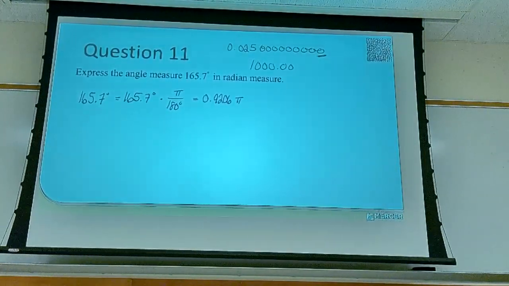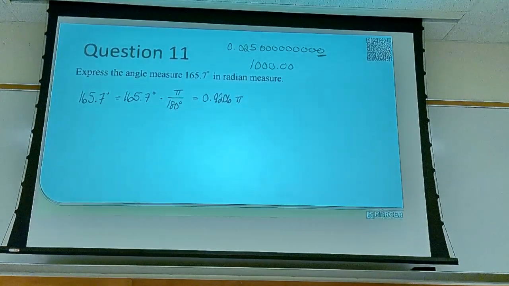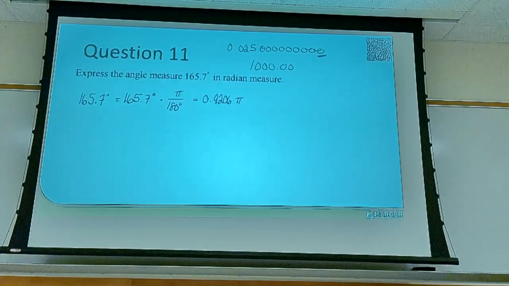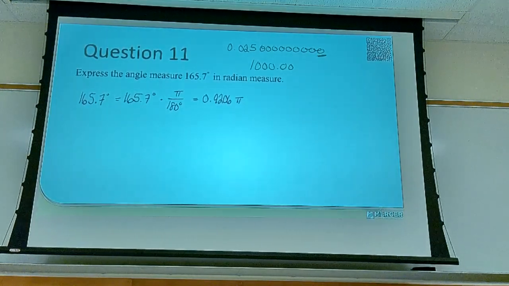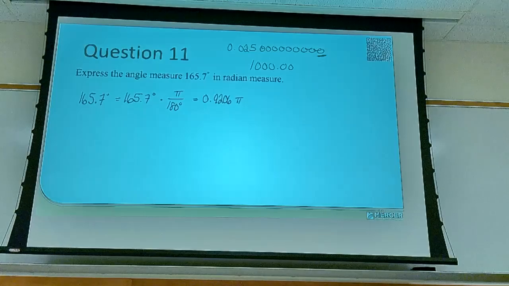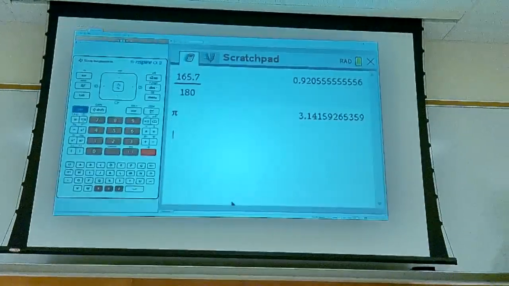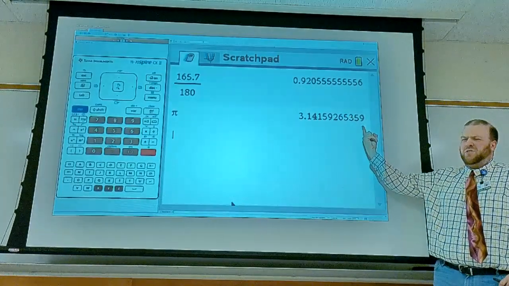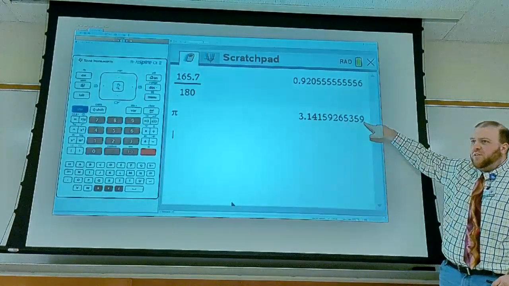Now again, the reason you don't want to use 3.14 is that's 3 sig figs, which changes this if you just type it into your calculator. I'm going to just do this to show off. This is the precision that my model calculator, the TI-Nspire CX II, is going to go out to, and I think your 84 will also go out this far.